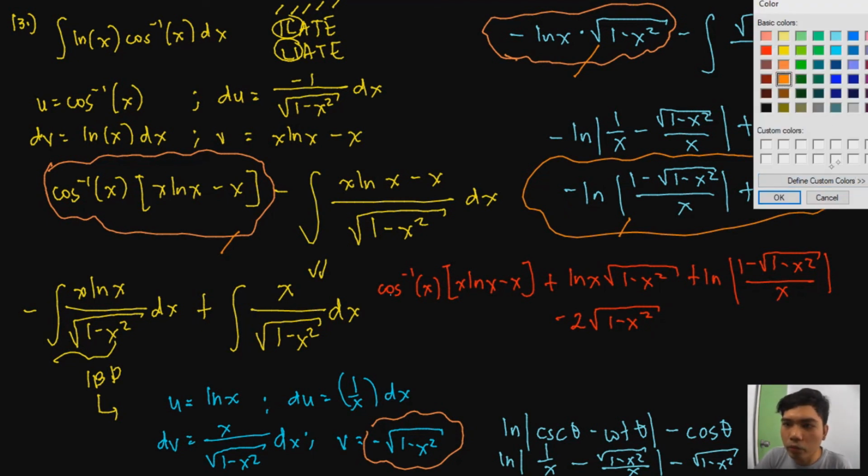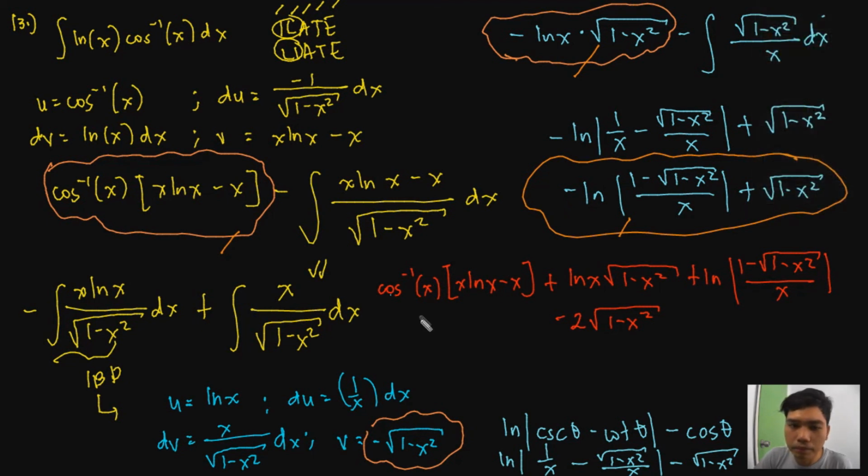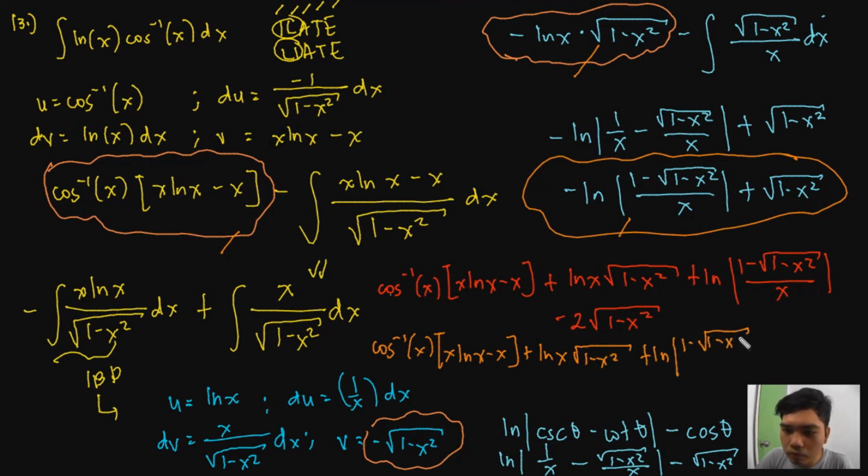Bahin natin yung kulay. Ito. So, inverse cosine of x, x ln of x minus x, plus ln of x square root of 1 minus x squared, okay, plus c.